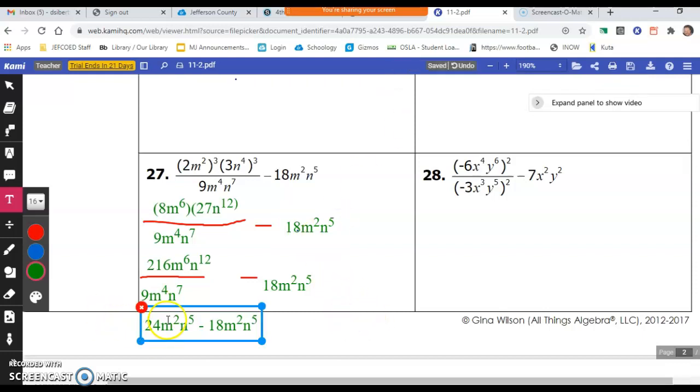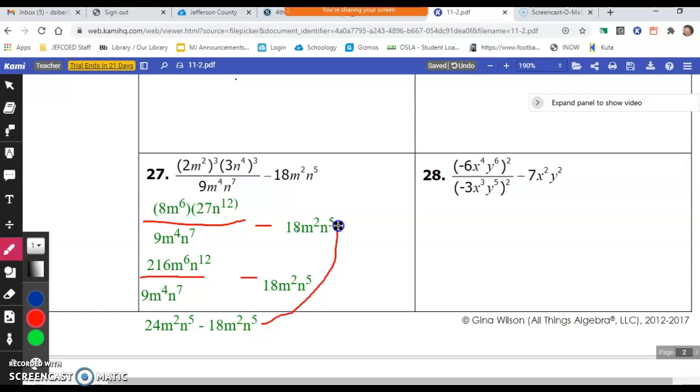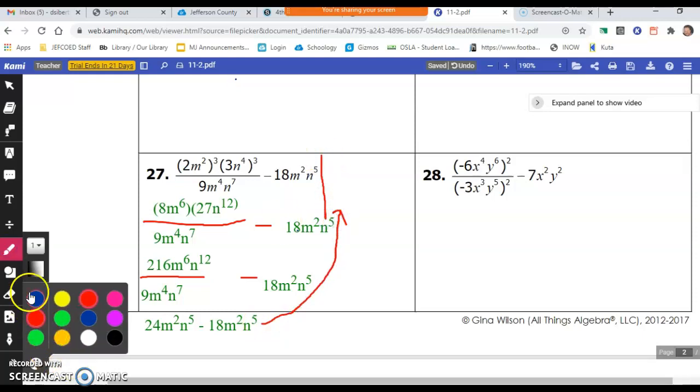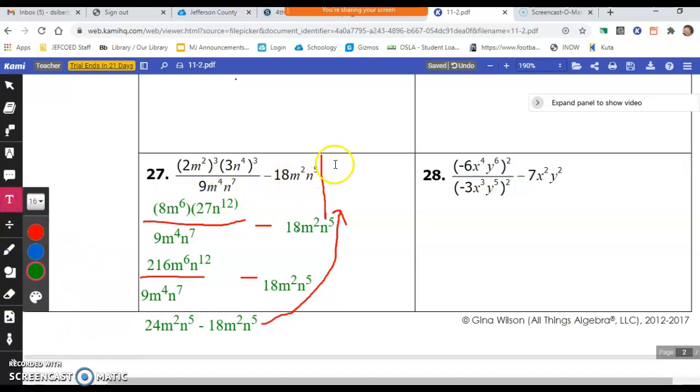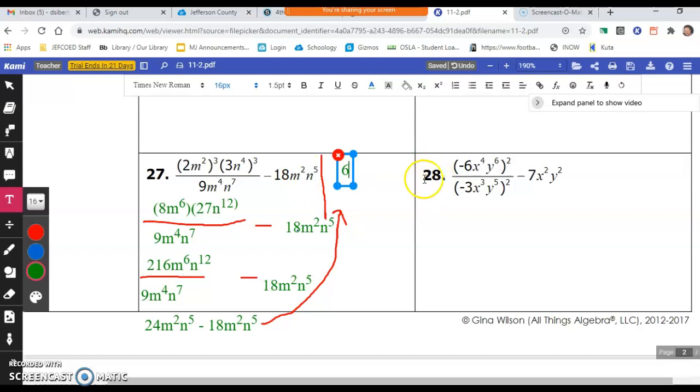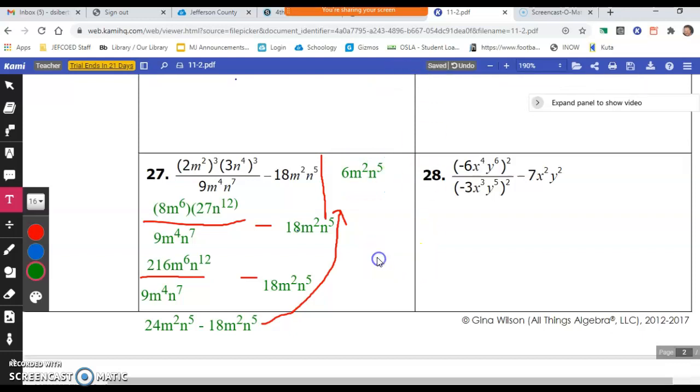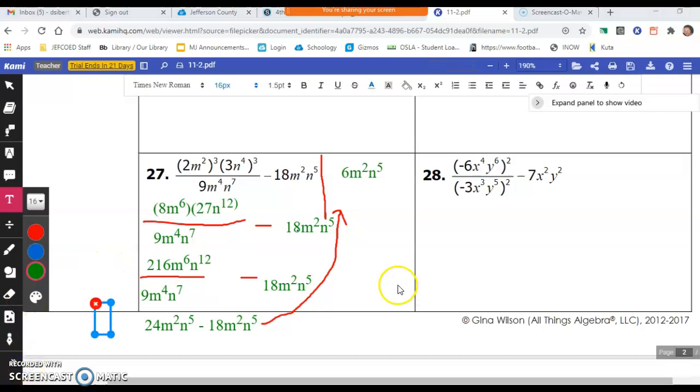All right, now looking at those combining like terms, are they exactly alike? Yes. Okay. All right, so 24 minus 18 is 6. And then what happens with my variables and my exponents? They stay exactly the same. Good. Okay. Y'all will make sure that y'all finish all the rest of them.